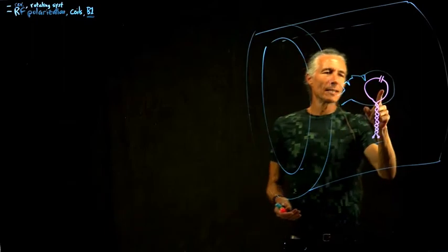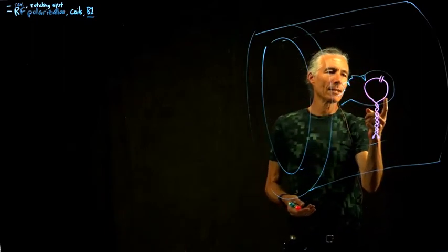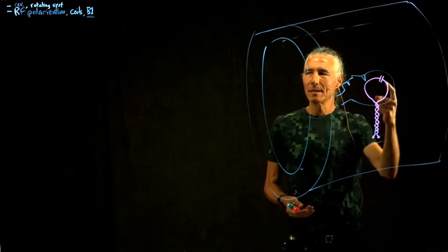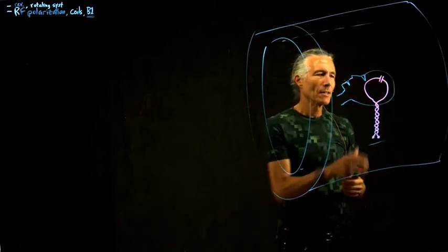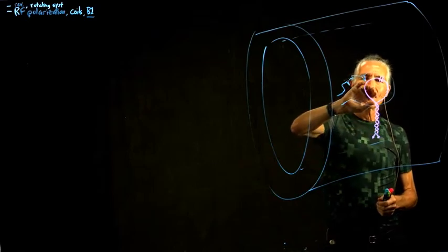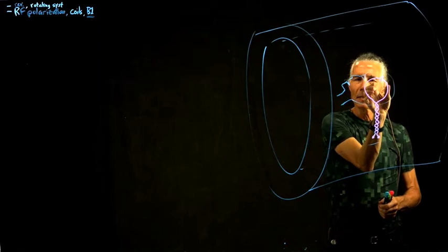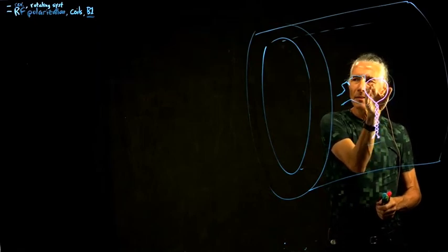So let's take an example of what happens if the current is going in this direction in the coil. If your thumb is the current, your thumb comes up like that, and then the fingers will point in the direction of the magnetic field.